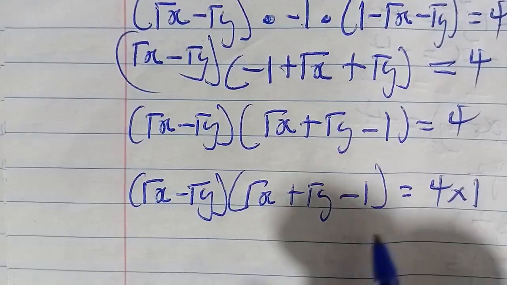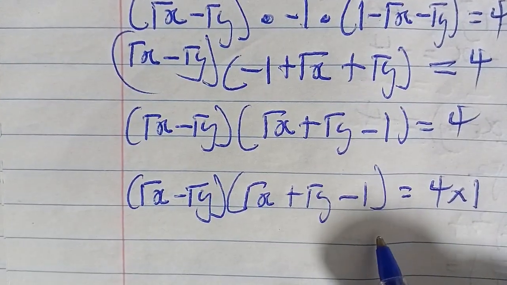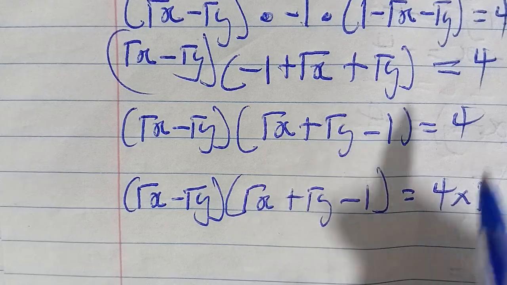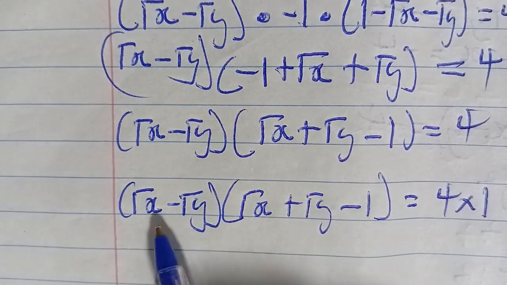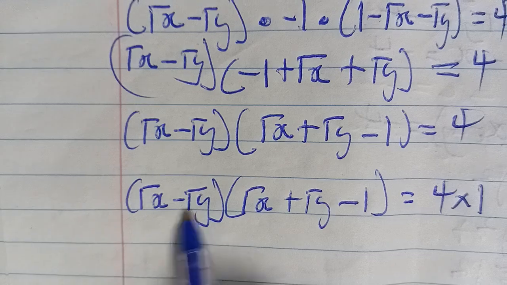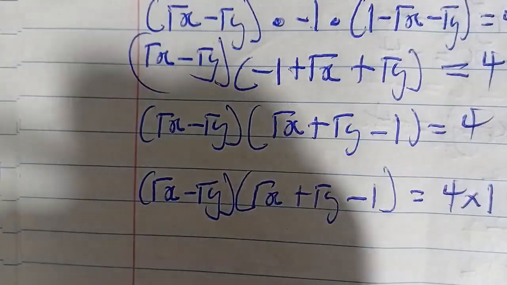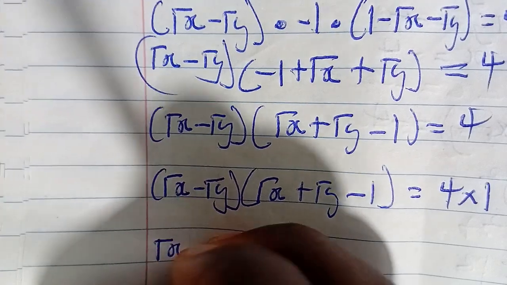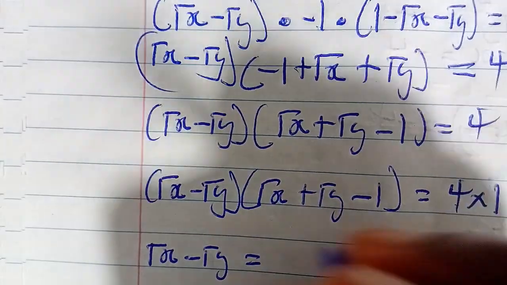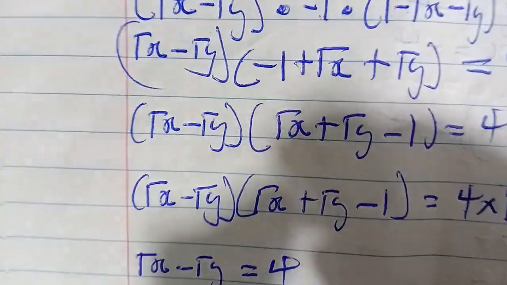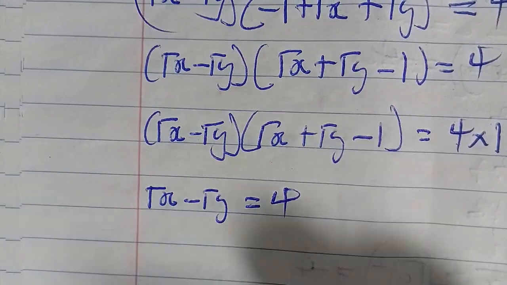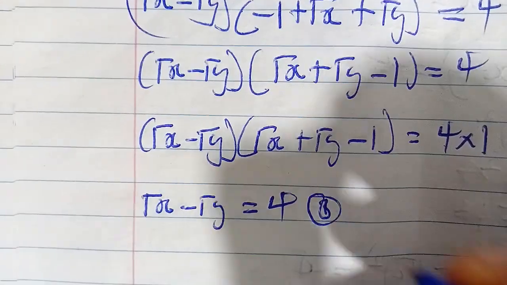Do you get me? Now let's compare both sides of the equation. By comparing, we can say this part is equal to this part, and this part is equal to this part. So we can say root x minus root y is equal to 4. Let's call this equation 3.